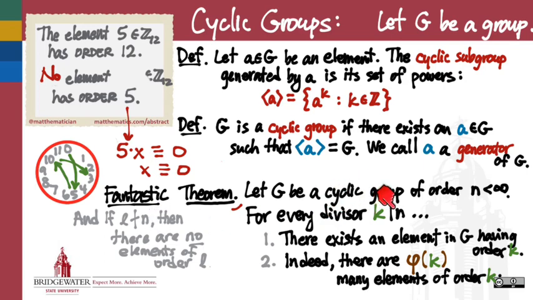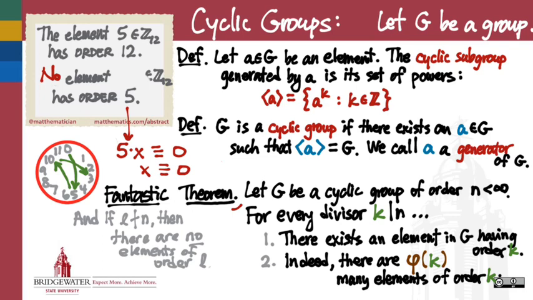K divides N if and only if there exists an element of order K in my cyclic group of order N. Because then the if part of that would imply that if K doesn't divide N, there does not exist an element of order K inside of my cyclic group.